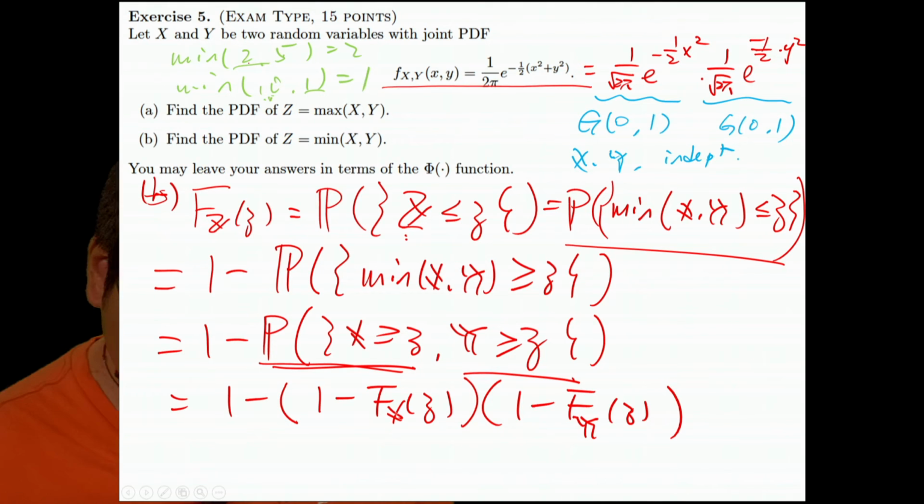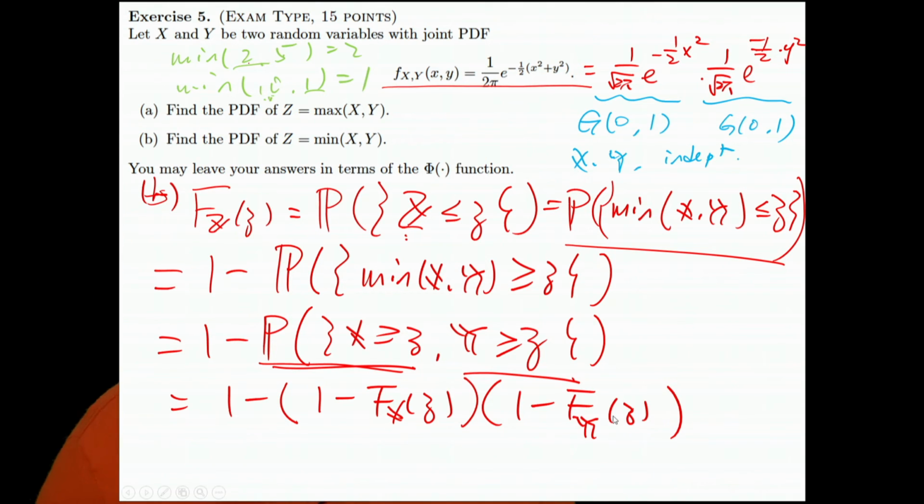And you know the CDF of X equals the CDF of Y. So actually those terms give 2 times the CDF of X at z minus the CDF of X at z, squared.